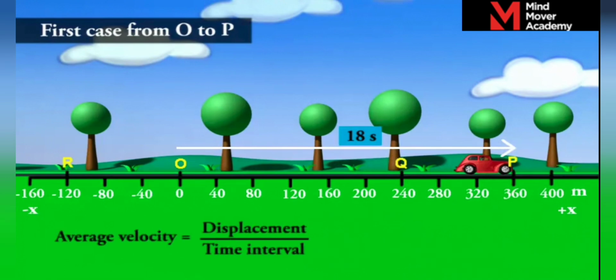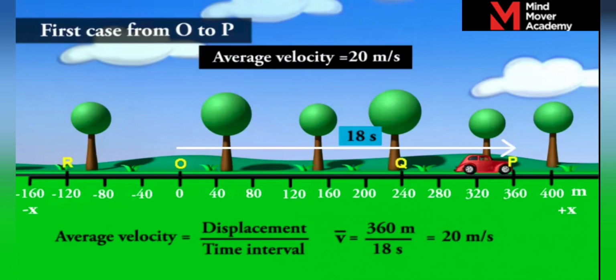Average velocity is equal to displacement upon time interval. V bar is equal to 360 meters upon 18 s, which is equal to 20 meter per second. Average velocity is equal to 20 meter per second.